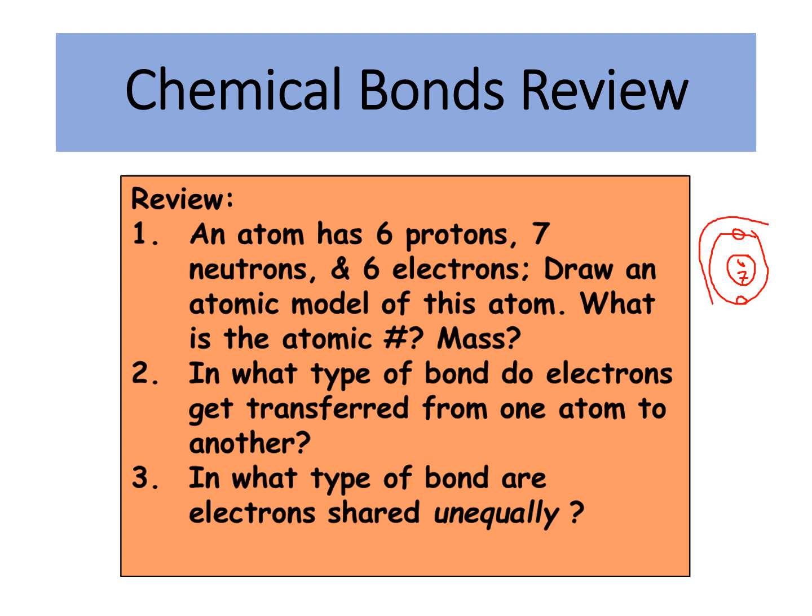Then we're going to have 4 in the outer one. Okay. So what is the atomic number? Okay. It's going to be 6 because we have 6 protons. And what is the atomic mass? It's going to be 6 plus 7. Okay. And that equals 13.